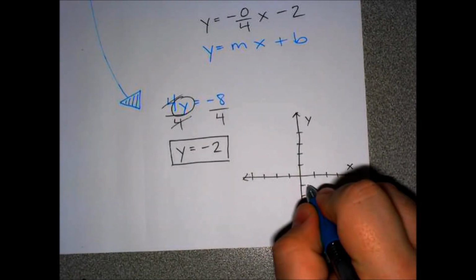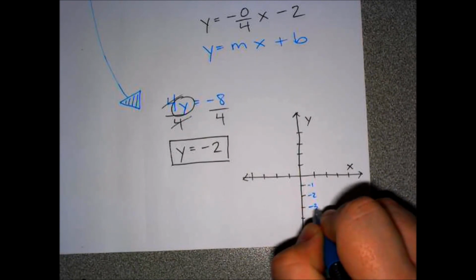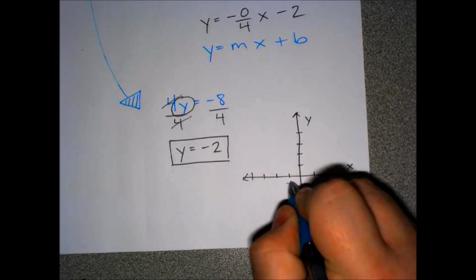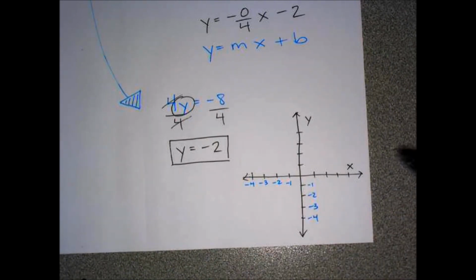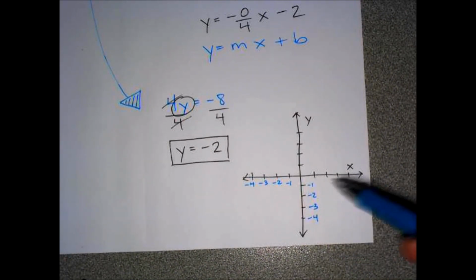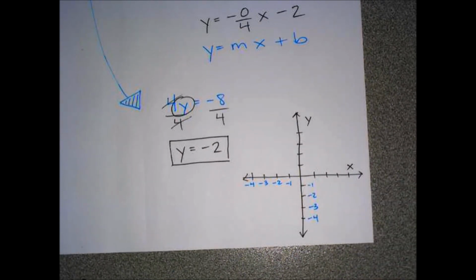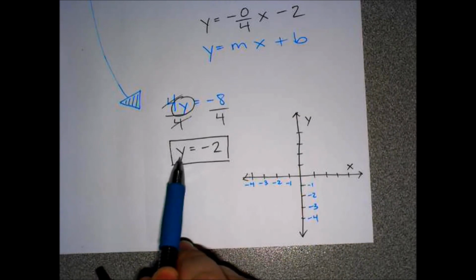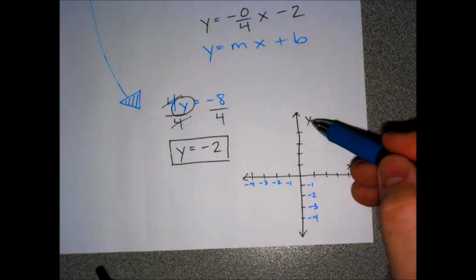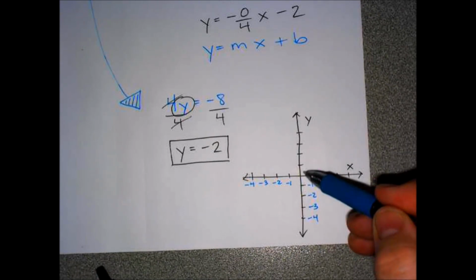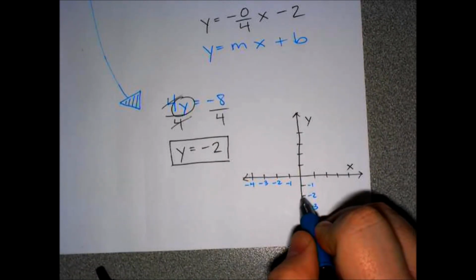And you have -1, -2, -3, -4, -1, -2, -3. Alright, I wrote the negatives on both sides because I want to make sure that you know which axis to put this on. So since that is y is equal to -2, we look on the y-axis. So here's the y-axis. Find -2. It's right there. Put a point there.